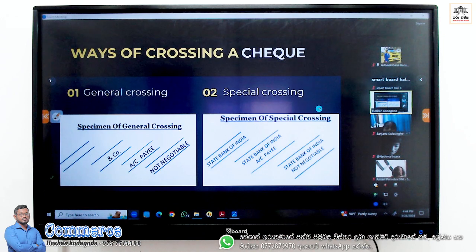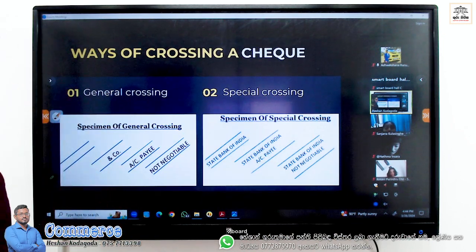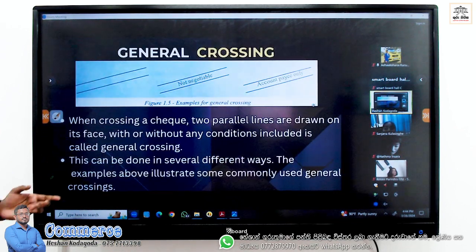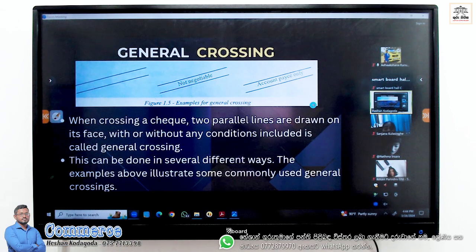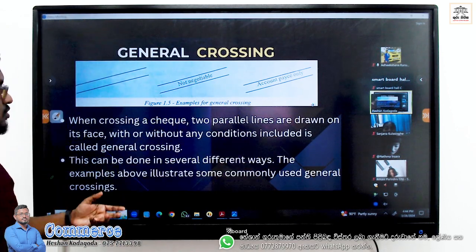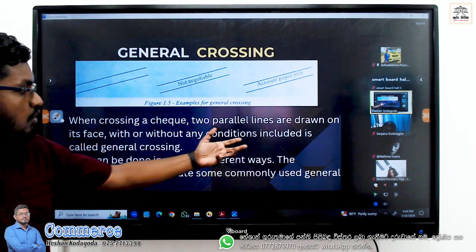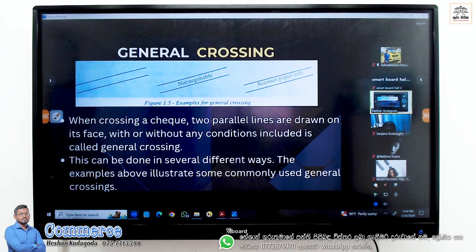So ways of crossing a check, you can see general crossing and special crossing. Okay, very good. After that, what is the term general crossing? You can see in here there are examples. When crossing a check, two parallel lines are drawn on its surface with or without any condition included, which is called general crossing.